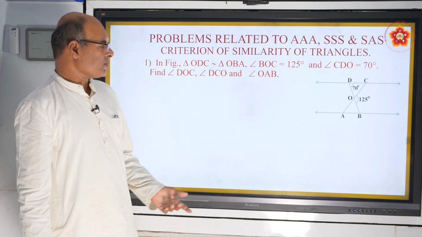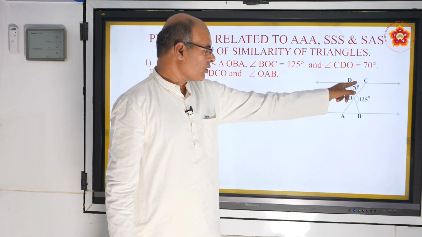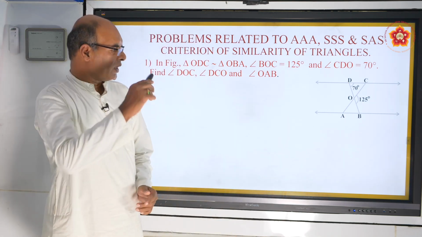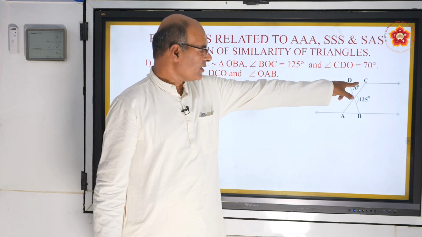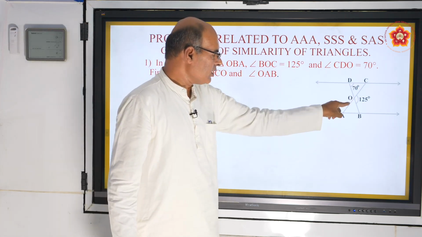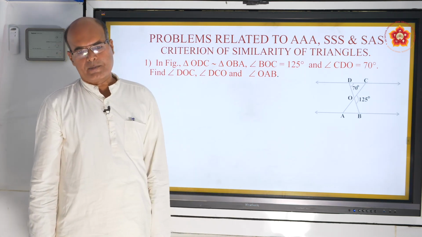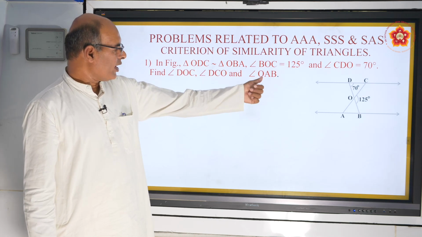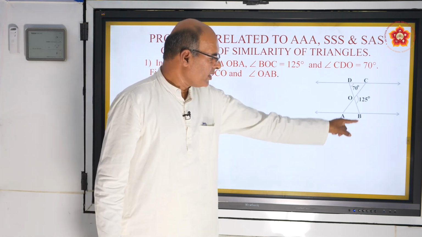Then apply the angle sum property. The sum of three angles of a triangle is equal to 180 degrees. 70 plus 55. Subtract that sum from 180. You get again 55. Therefore angle DCO is also 55 degrees. Then angle OAB.